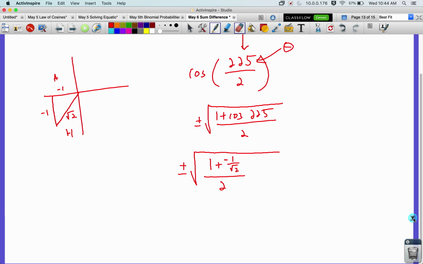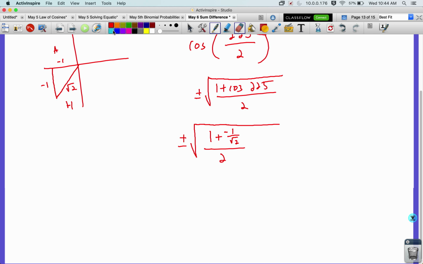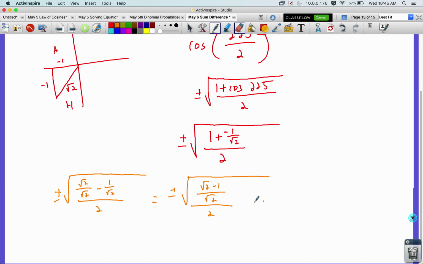And now we just want to simplify this. We'll just see how far we can get with the simplification. I can combine these, make this plus or minus the square root of root 2 over root 2 minus 1 over root 2 all over 2, which equals plus or minus the square root of root 2 minus 1 over root 2 all over 2, which equals plus or minus the square root, make that a 2 over 1, so we can copy dot flop.